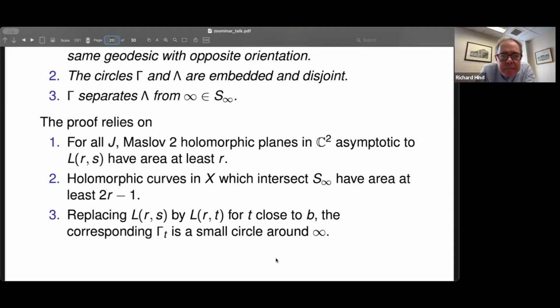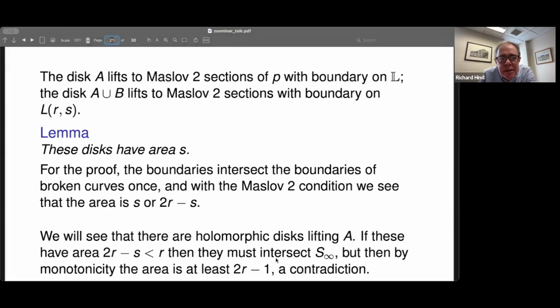All right, so now I'm pushing on. Remember the goal here: I have to show these Lagrangians are exact. So the next job is to start computing areas. Remember the S infinity is divided into 3 regions, A, B, C. A was a disk.